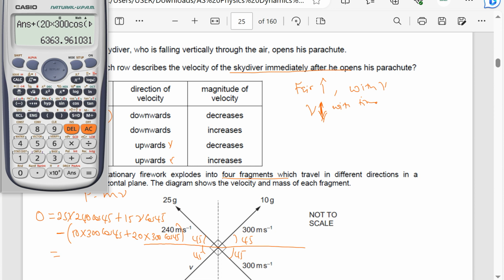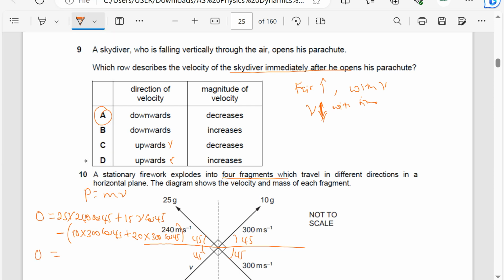Is it 6,000? Let me check it again. 10 times 300 cos 45 plus open brackets 20 times 300 cos 45. So that is 6,000. So we have 0 equals 6,000, approximately. Anyway, I'll just write 6,000.